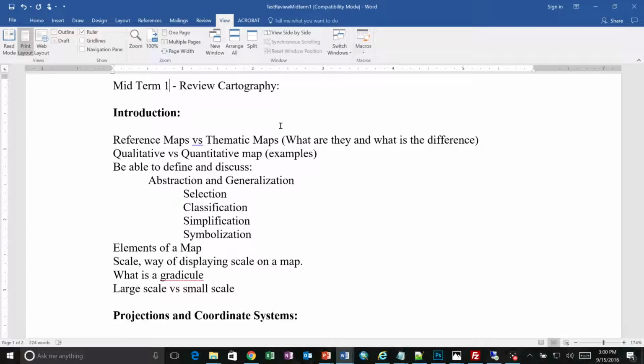So any labeling that's not a map label is referred to as metadata. And so that's one of the elements of a map. Metadata. That would be part of metadata. Technically, metadata means data about data. So it's data about your map. All right.